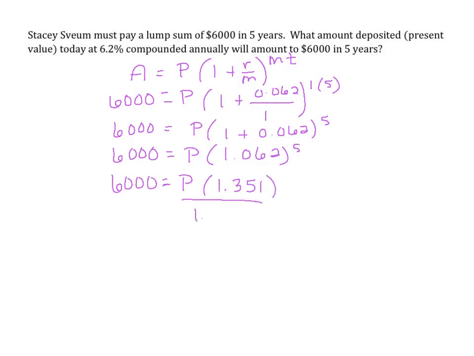To get P by itself, we have to divide by 1.351. So when we do that, we will get that she should have invested $4,441.15 into the account in order to end up with $6,000 at the end.